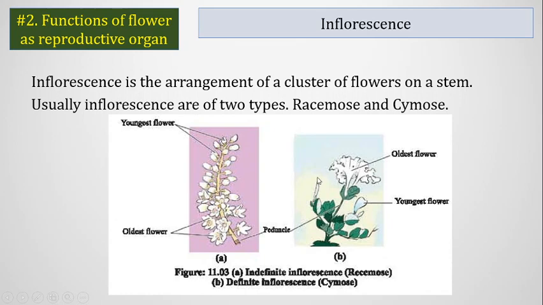And on the right hand, a jasmine or belly flower, and this flower has cymose inflorescence, also called definite inflorescence, because the growth of the flower stalk is definite. After a certain growth, it doesn't grow taller than that. So we will discuss the two types in detail.